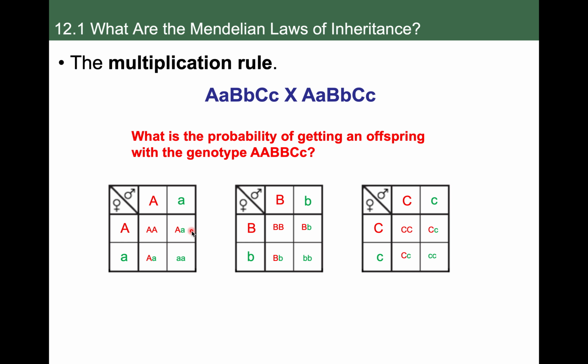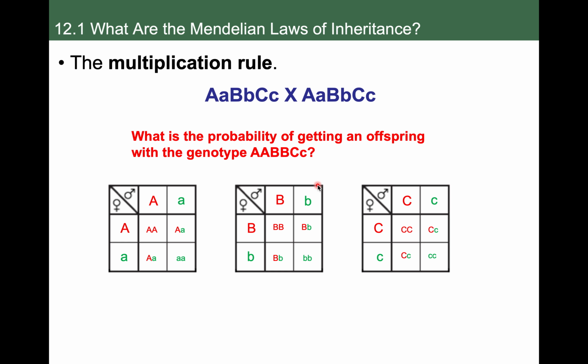All 3 of those would have the dominant phenotype, and then our homozygous recessive. And we're going to do the same thing with the B gene and the C gene, and because for all 3, these are just heterozygotes being crossed with heterozygotes, essentially all 3 squares are going to be the same in this instance, right? So we've got our big B, little b, and so on.